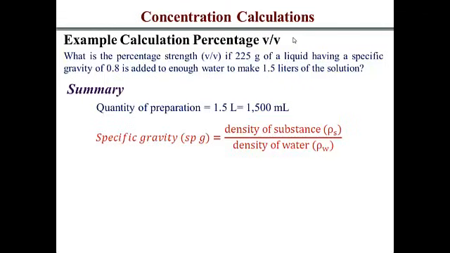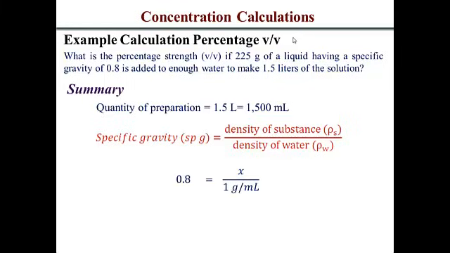To do that, we need to connect the specific gravity information to our understanding of density to determine what that volume is going to be. So this is one of the situations where you need to make use of all the information we've talked about since the beginning of class and make that connection, right? You're connecting the specific gravity to the density, and that gives you volume. So let's see how that works really nicely in this question.